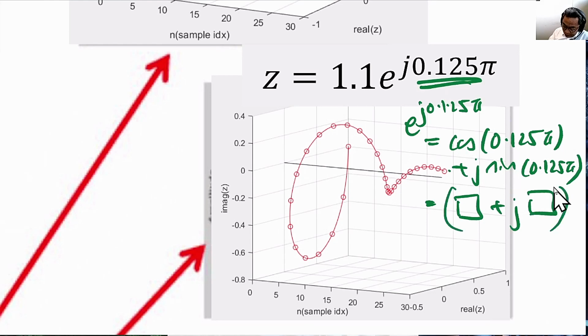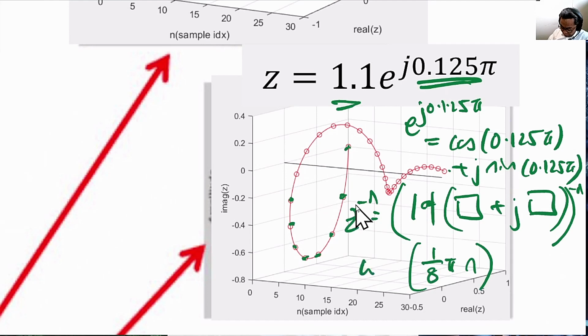Altogether, they are multiplied by 1.1 in the front, and to the power of minus n for z minus n. You work out the values, and you will realize that it is a complex exponential that is decaying as n is increasing, and it is rotating clockwise.